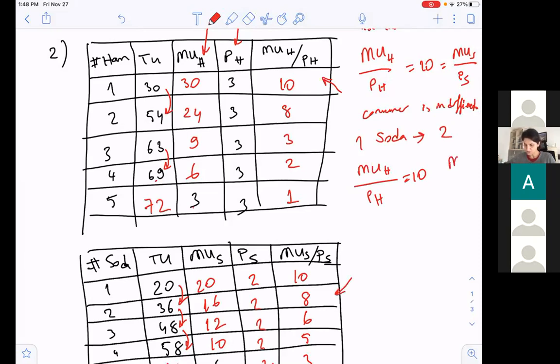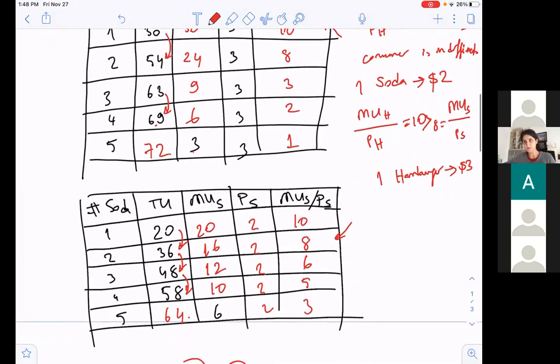Marginal utility of soda divided by price of soda is 8. Since 10 is bigger than 8, she will choose 1 hamburger, which costs $3. Until now, she spent $5.